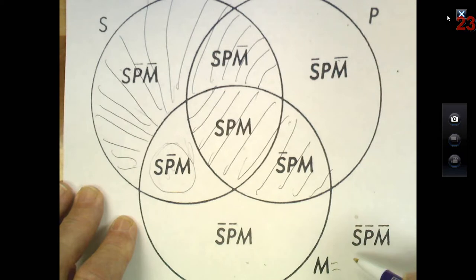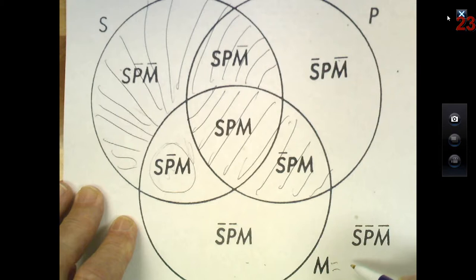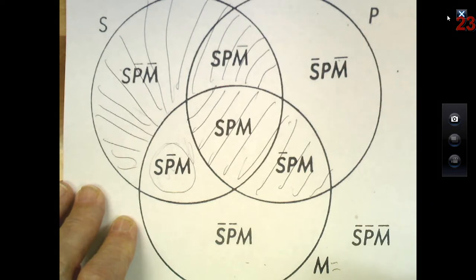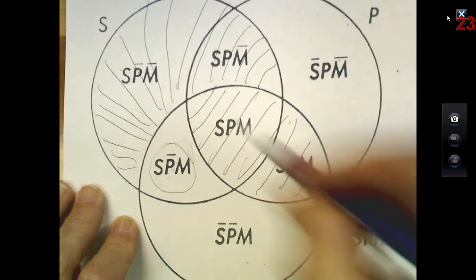All physicists are good businessmen. No physicists are good businessmen. What's the middle term? Businessmen, isn't it? Something that appears in the premise, not in the conclusion. Oh, this is physicists. So this is physicists. And the S is what?